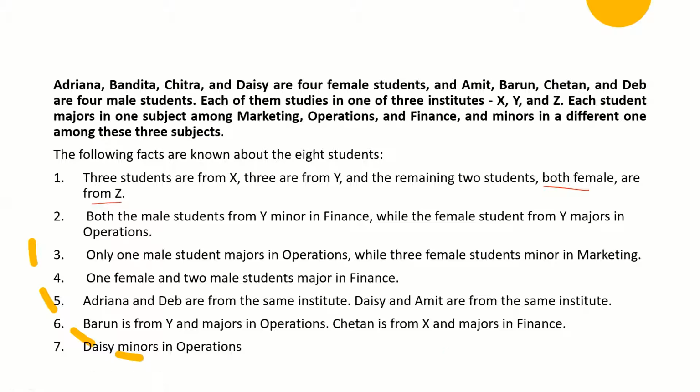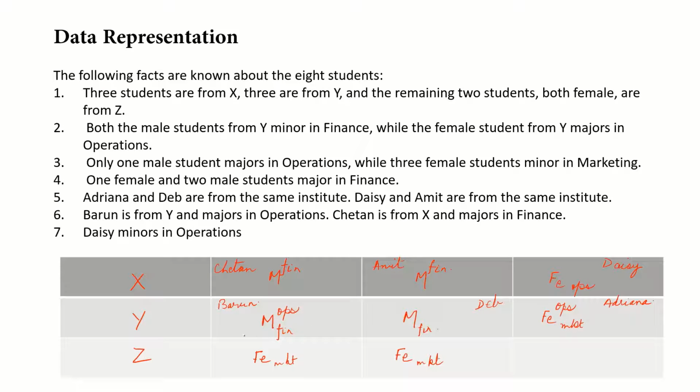And again, Chitra and Bandita, we had missed them. So we can say this is Chitra and this is Bandita based on our data. So this is Barun, this is Deb. Any other data that we are having? Okay, I think this should be sufficient for us to solve the questions that we have over here.